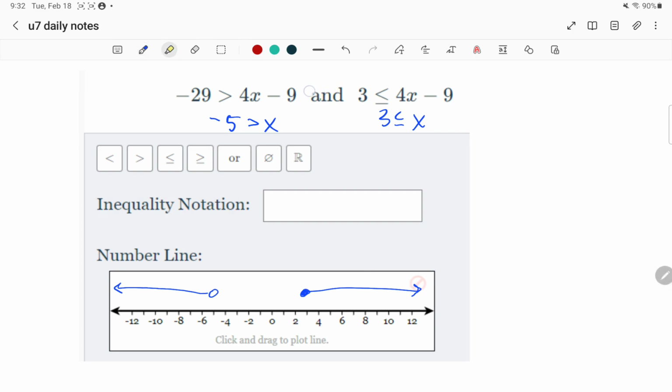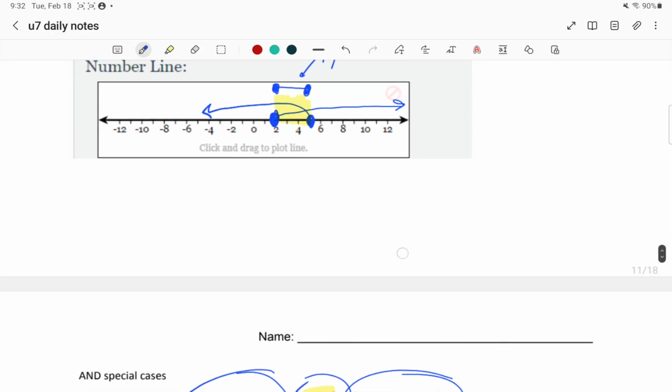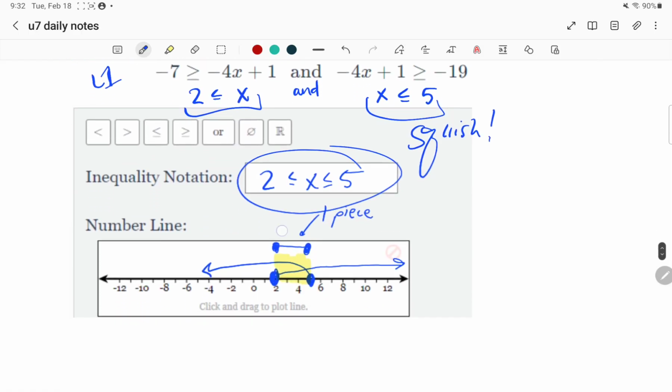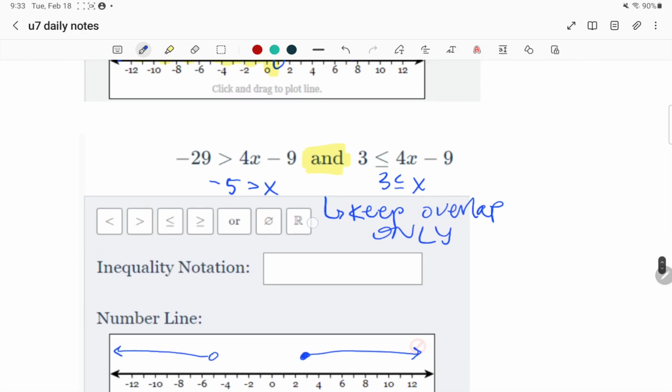Except this is an and statement. Remember, with an and, we keep the overlap only. And yet down here there's nowhere that it overlaps. So remember what I said before in the video. Okay. No solution happens when we have an and statement that does not overlap. And that's exactly what we have.